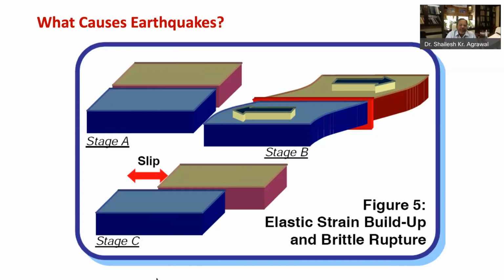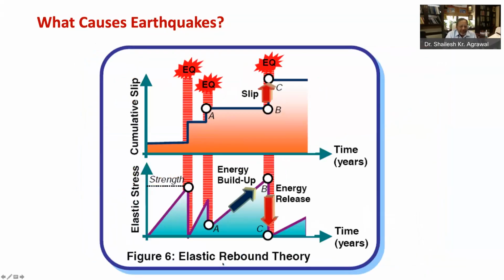This sudden slip at the fault causes earthquake, which is violent shaking of earth when large strain energy released spreads out through seismic waves that travel through the body and along the surface of the earth. After the earthquake is over, the process of strain buildup at this modified interface between the rocks starts all over again. This is called elastic rebound theory, which is attributed to earthquake generation.